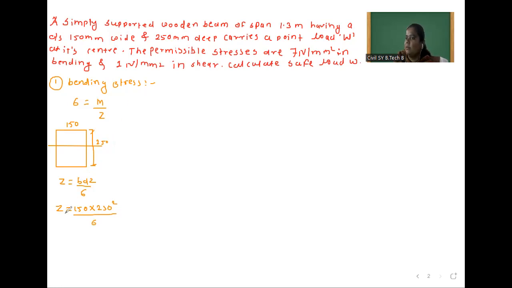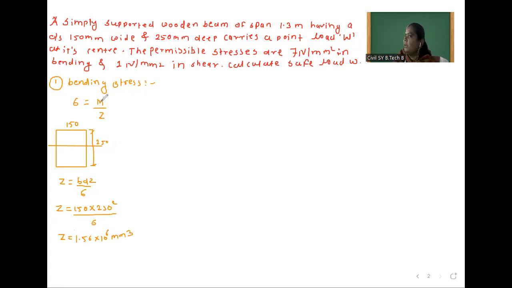Yes, Z is equal to how much? 1.56 into 10 raised to 6 mm cube. So this is the section modulus.